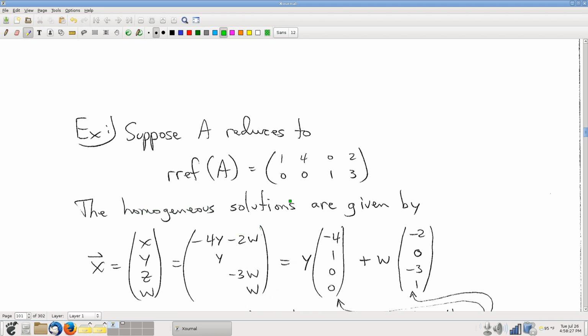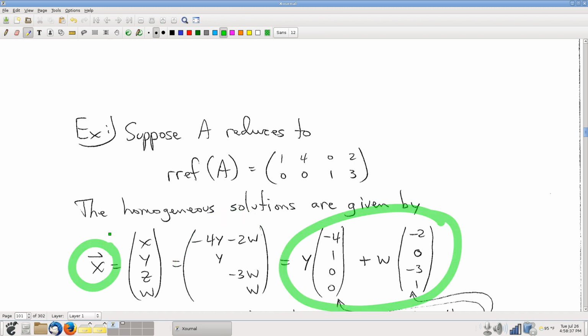Again, observe that we can separate this into chunks and factor out the variables and rewrite this as that. Well, now we have all of the homogeneous solutions written as the span of a pair of vectors. So this is a new point of view on this collection of homogeneous solutions.